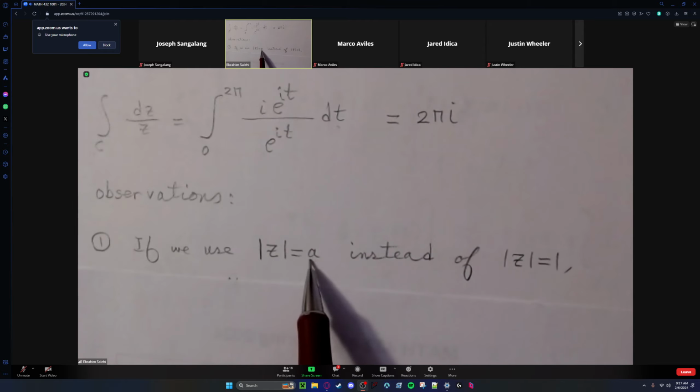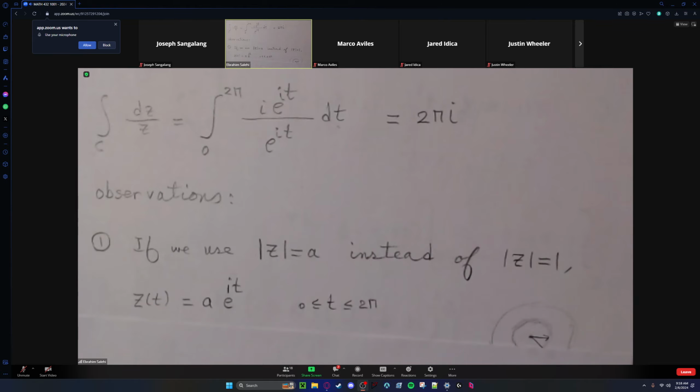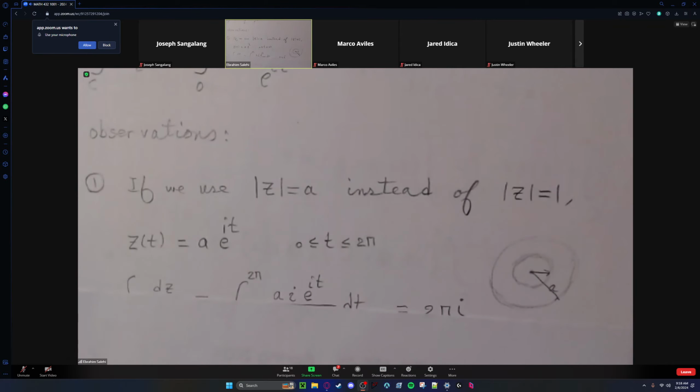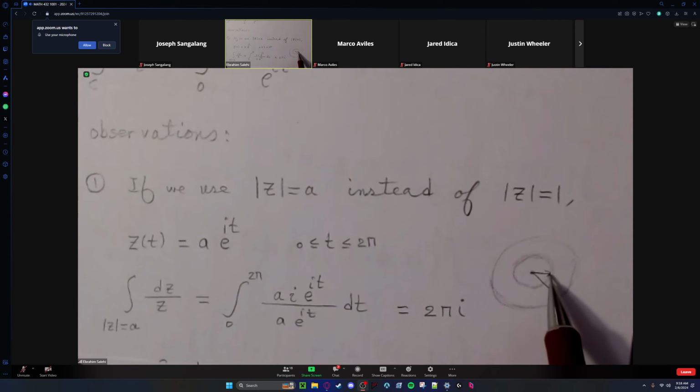In this case, z of t becomes a, the radius, times e to the it. And when you apply the same formula, a and a cancel, and again you are going to get 2 pi i. All right? So either you integrate over a unit circle or any other circle of radius a centered at 0, you will always get 2 pi i.